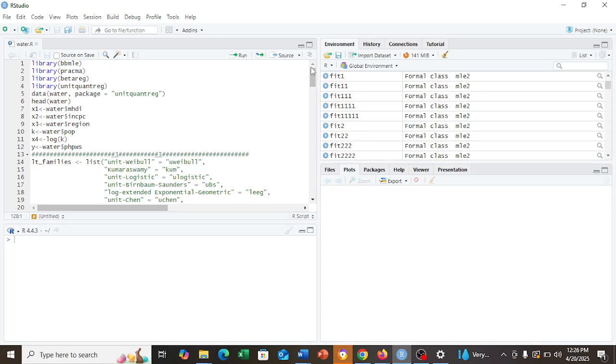However, quantile regression will help us to know what is happening at the lower level and then at the higher level. That is, we are looking at those who are least paid and those who are highly paid. Quantile regression will help us to have a comprehensive view of the whole income distribution of the company. So that is why quantile regression is very important over normal regression or linear regression.